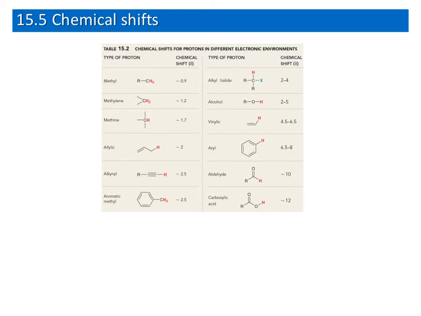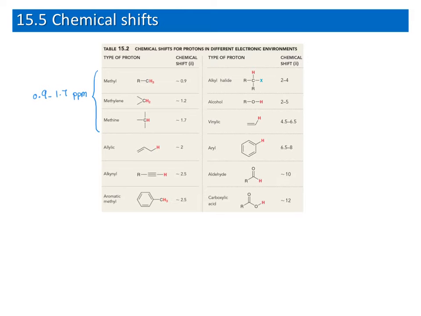So let's start with the first functional group, which is the alkane functional group. All of these hydrogens are connected to an sp3 hybridized carbon, and there is no electronegative atom connected to that carbon. For alkanes, you should expect to see their protons' peak between 0.9 to almost 1.7 ppm.